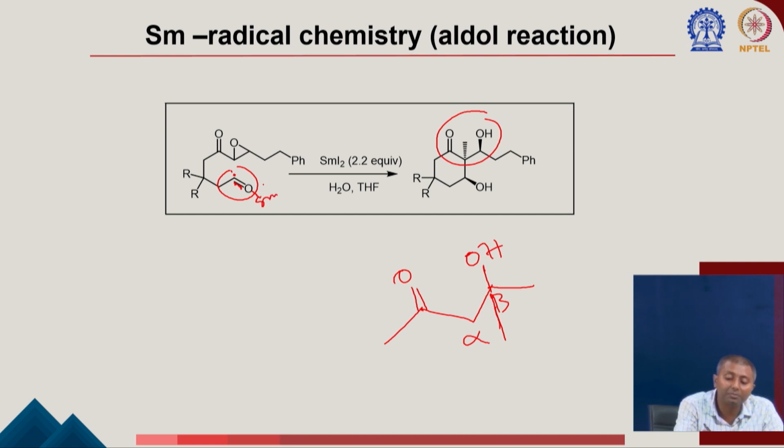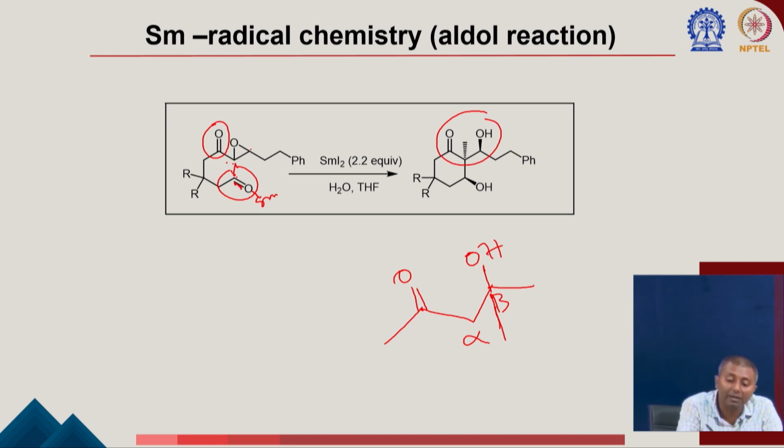So now if you have this species here, it can participate in two different ways. It can finally convert to the corresponding anion, and then it can add to this epoxide. Now if you see in this epoxide, you have this carbonyl group. So that position will be more electrophilic compared to the other position. So that's why the nucleophile is going to attack here. Okay.